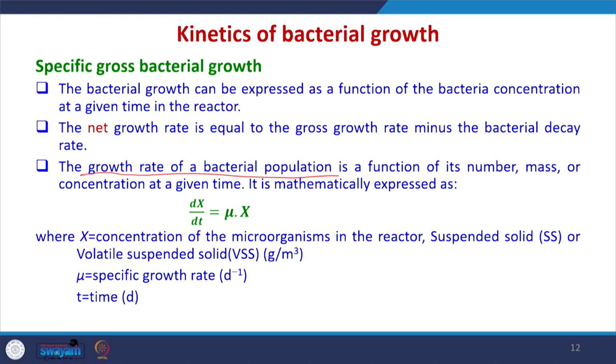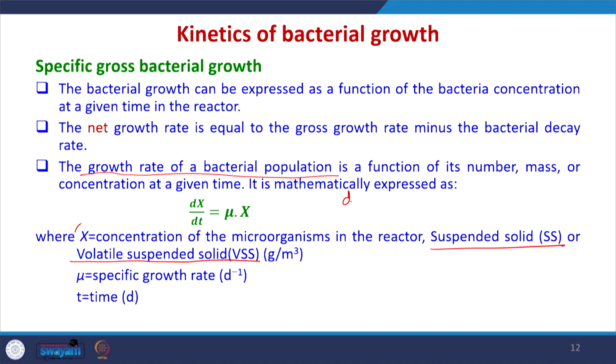So, the growth rate of a bacterial population is a function of its number, mass or concentration at a given time. Thus we can write, if we assume that X is the concentration of microorganism in the reactor, which is like suspended solids or volatile suspended solids. This SS or VSS represents the concentration of the microorganism in the reactor. We have already studied SS and VSS earlier during wastewater characterization.